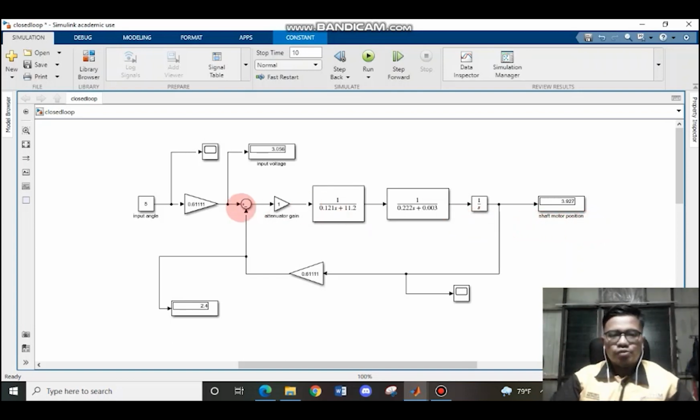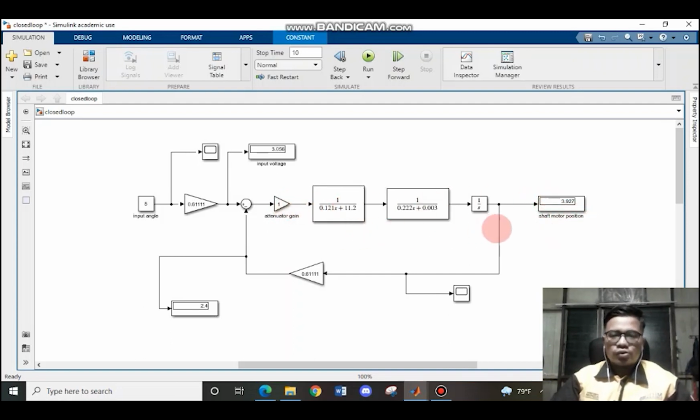If I run this, I set the input angle to 0, and the alternator gain I increase from 0 to 10. The shaft motor position will be 0 also. Meanwhile, if I set the input angle from 0 until 10 and the alternator gain to 0, the shaft motor position is also 0.